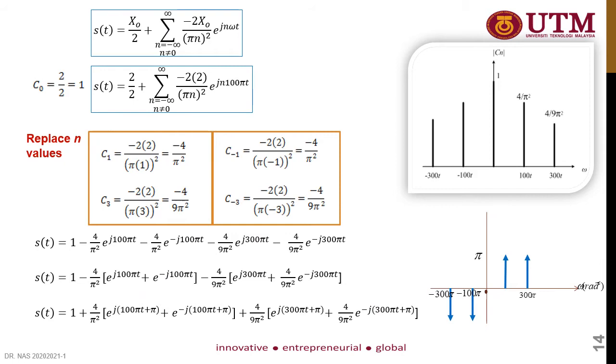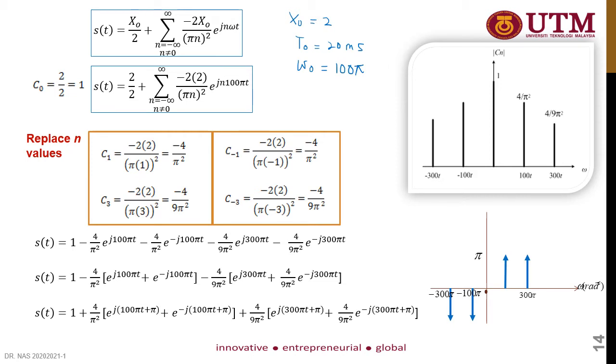Okay, from the previous slide, we know that your x0 is equal to 2 and your t0 equal to 20 millisecond, and from your calculation, omega naught equal to 100 pi radian per second.